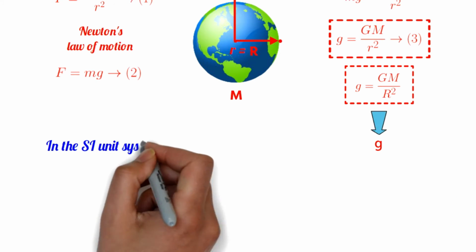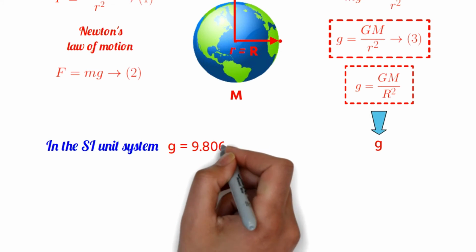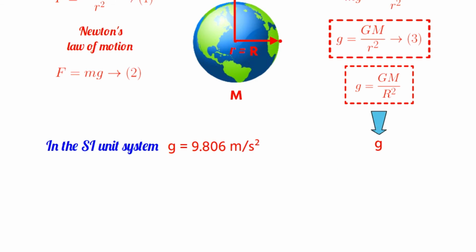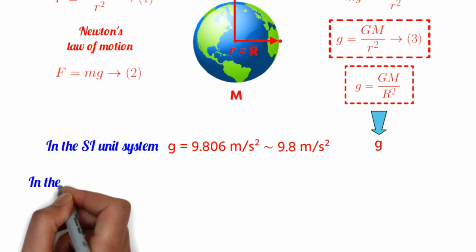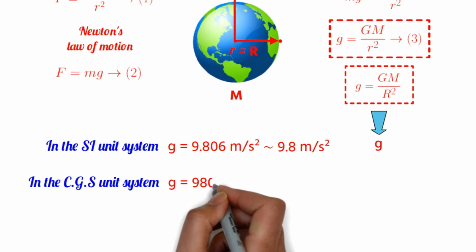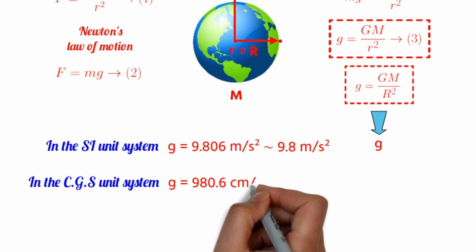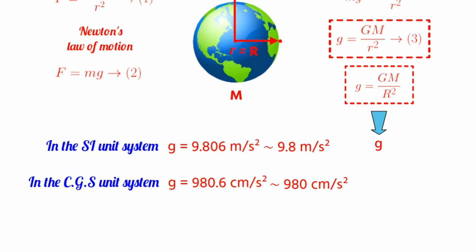In the SI unit system, we find the value of g is equal to 9.806 meter per second square, which is nearly 9.8 meter per second square. In the CGS unit system, the value of g is equal to 980.6 centimeter per second square, which is nearly 980 centimeter per second square.